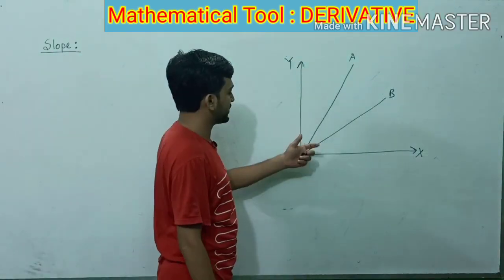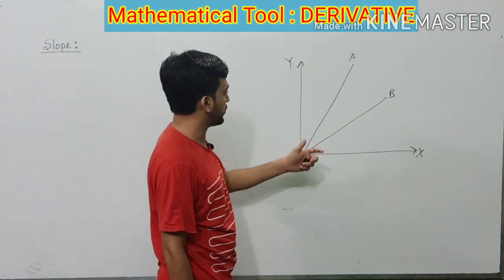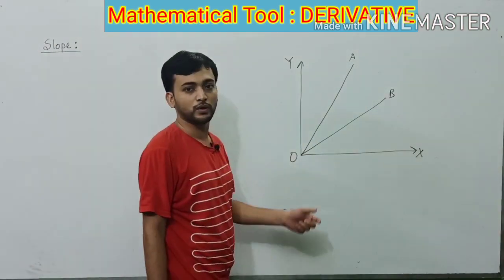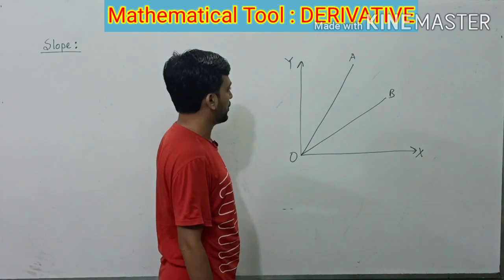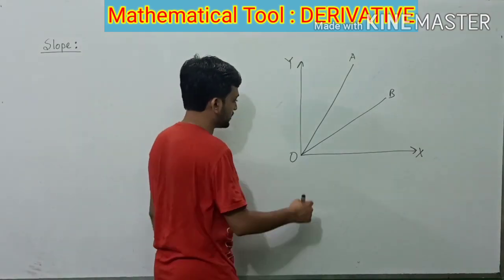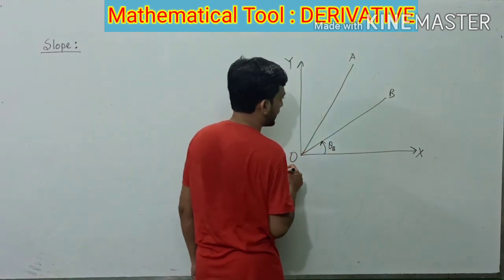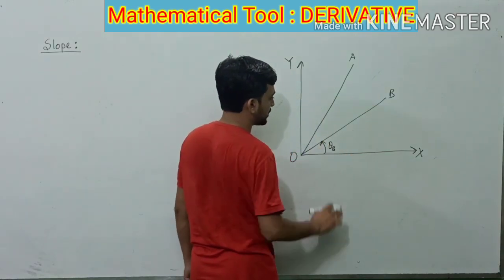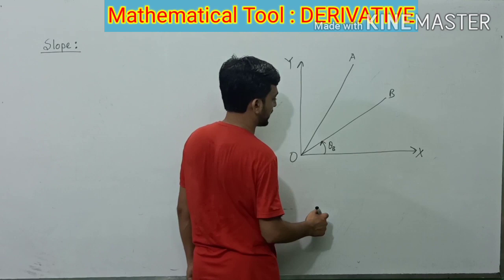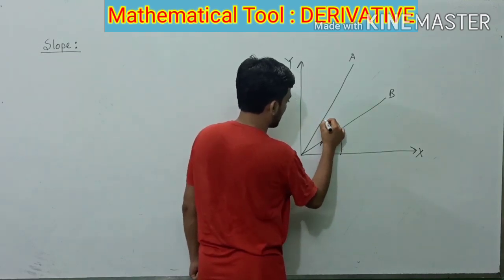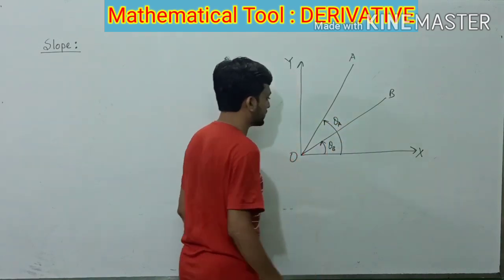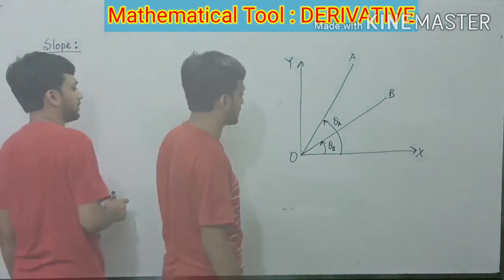Okay. Here we have considered two straight lines OA and OB, and we are to compare the slope of these two straight lines. For this purpose, we have to consider two angles made by the two straight lines OA and OB with the positive direction of x-axis, and say these angles are theta A and theta B respectively.